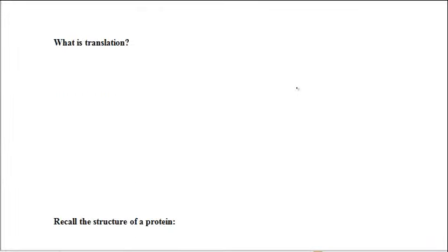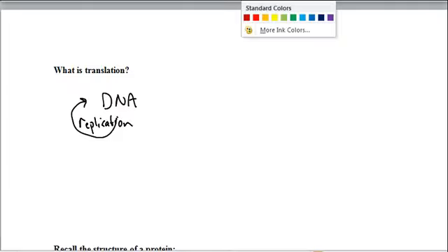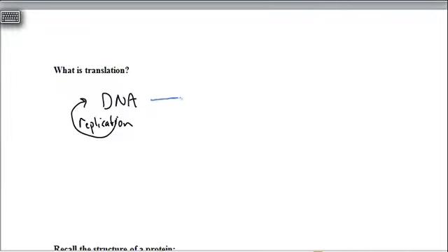So to start with, what is translation? Well, we've been talking about the three-part story of where we go from DNA back to DNA, which is replication, and then we mentioned how we could go from DNA to mRNA, which is transcription.